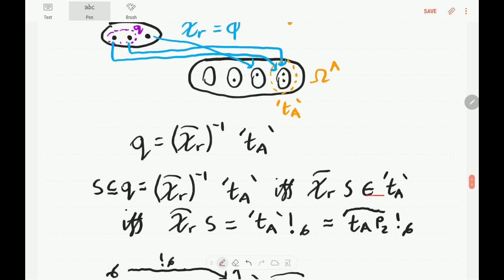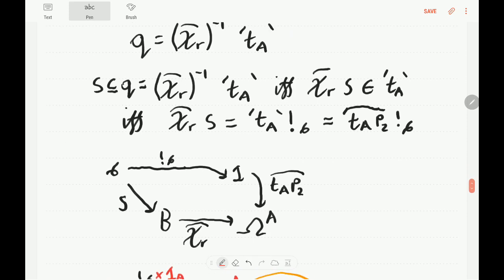But how could that happen? Well, the only way it can happen is that if chi R bar of S is equal to the name of TA after exclamation mark zeta. So we can expand this out. This is the transpose of TA P2 after exclamation mark zeta. And so basically our condition is equivalent to saying that these two arrows are equal. Okay.